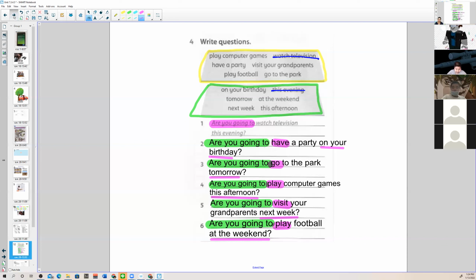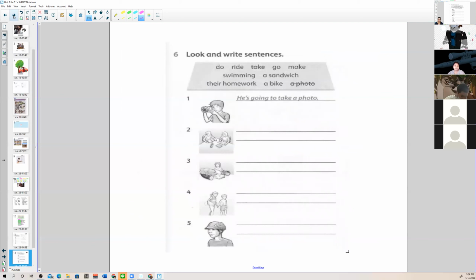Here, lesson 4. I'd like you to take a look at activity 6. Look and write the sentences. Here is the verb that you need to match with the complement. Look at the picture, right? For example, number 1.